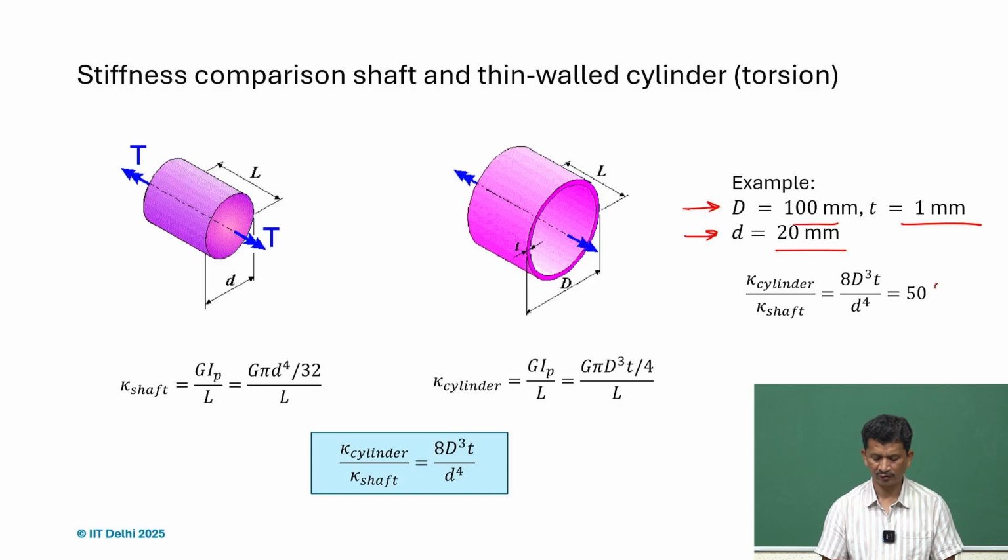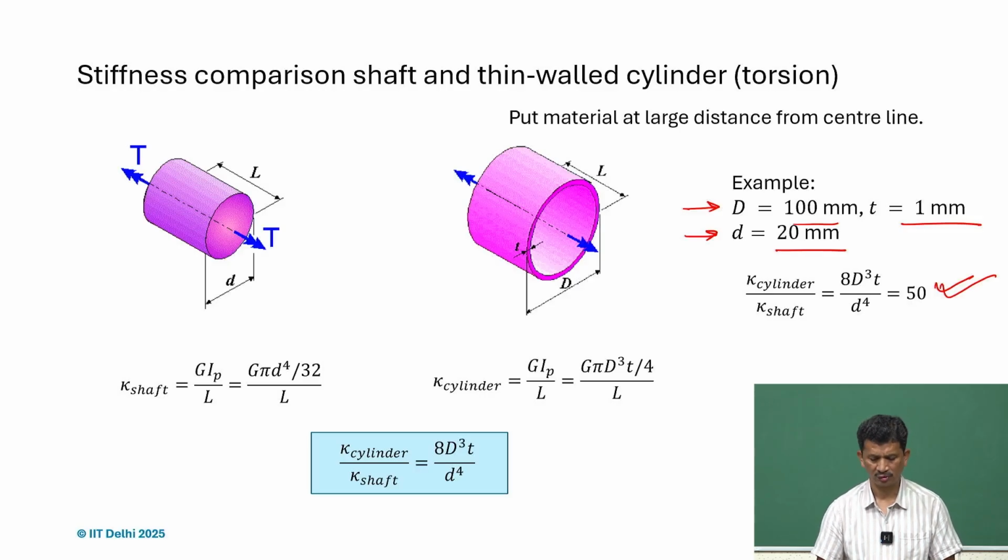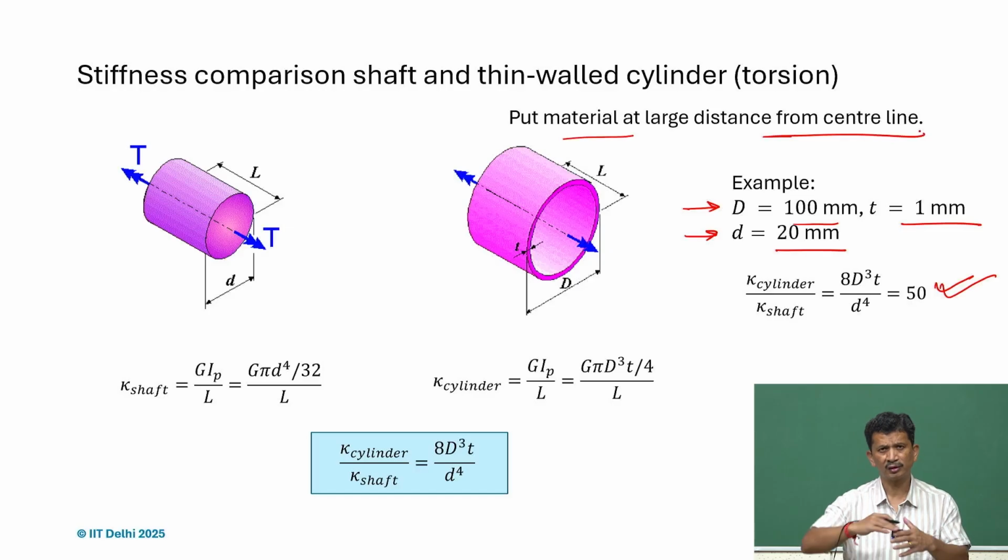So, if we compare, what we realize is that the thin tube is 50 times stiffer than the solid shaft. So, it's always better to push the material away from the center line.